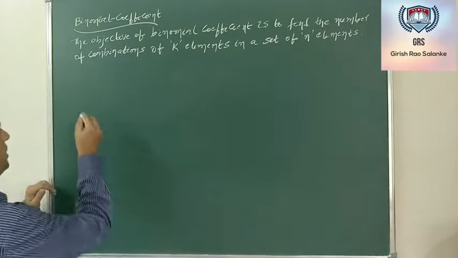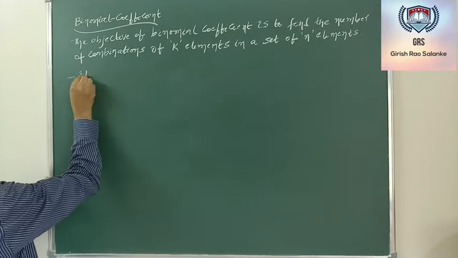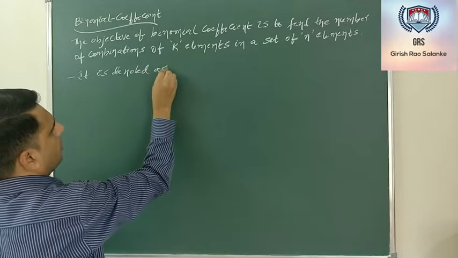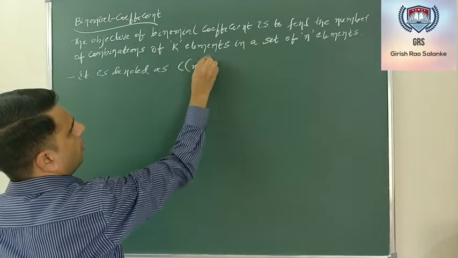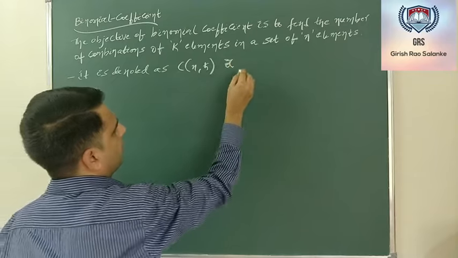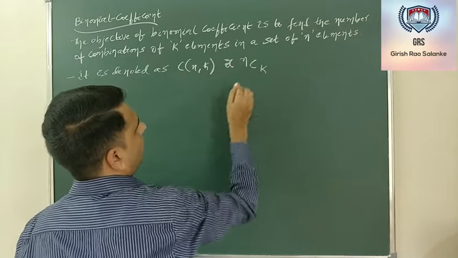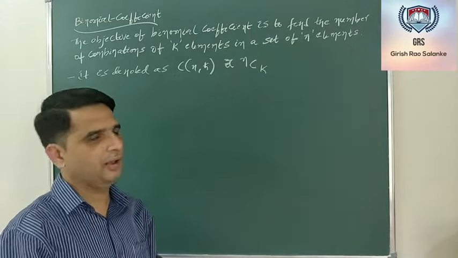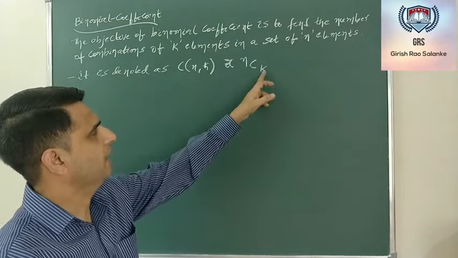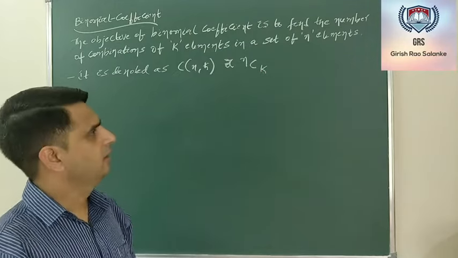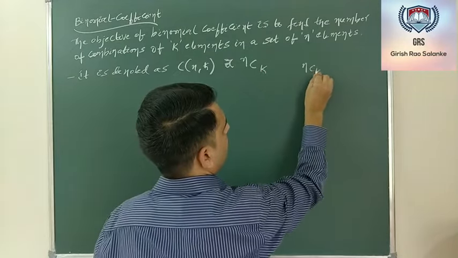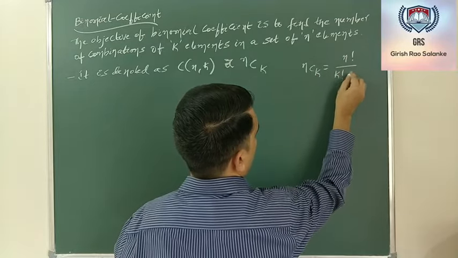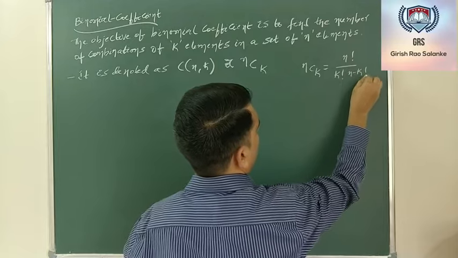The binomial coefficient is denoted as C of n, k, or nCk. We know how to calculate the value of nCk: it is n factorial divided by k factorial into n minus k factorial.